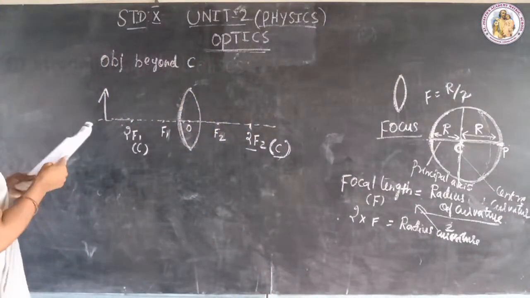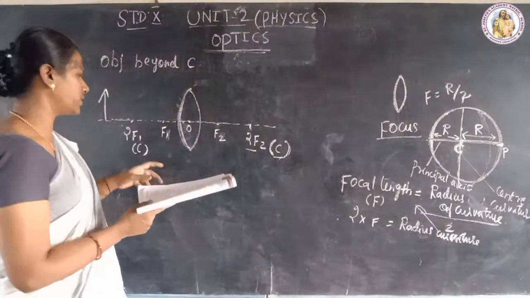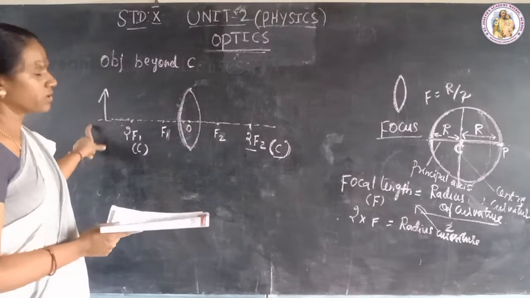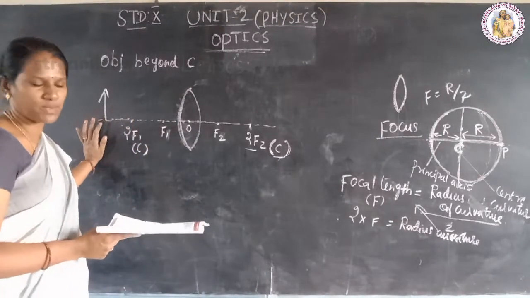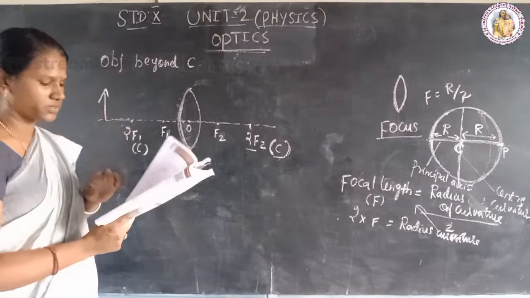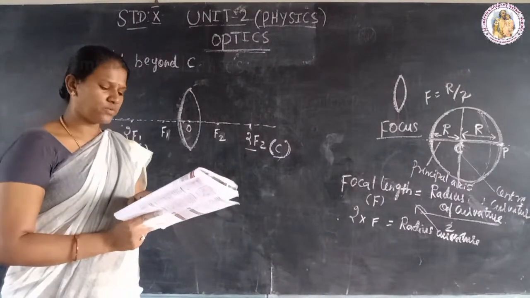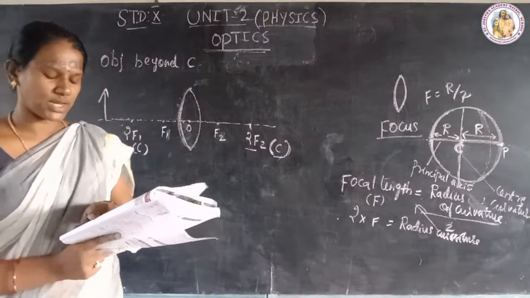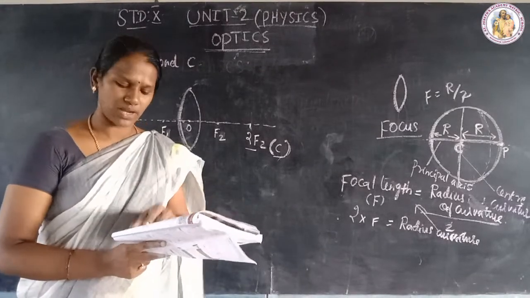When an object is placed behind the center of curvature of the spherical mirror, a real and inverted image is formed between the center of curvature and the principal axis.